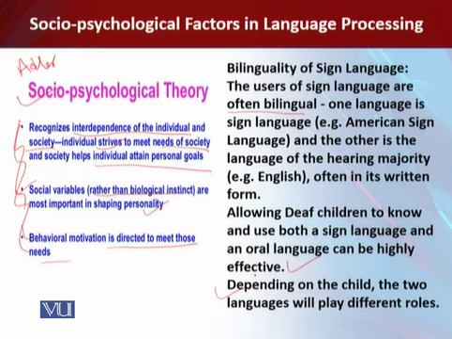Depending on the child, the two languages will play different roles. For example, some children will be dominant in sign language, others will be dominant in the oral language, and some will be balanced in their two languages. So all these points reflect the bilinguality of sign languages.